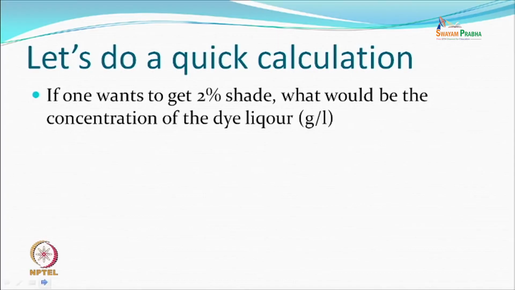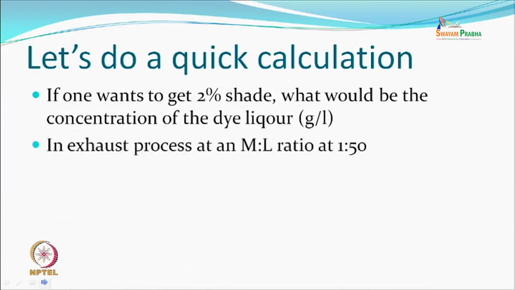So you dye it from a dye liquor, and we express the concentration, let us say, in grams per liter. So let me see, in an exhaust process, okay, you understand what an exhaust process is?